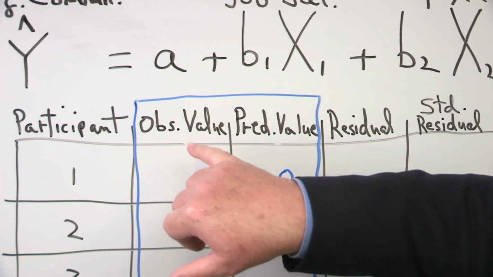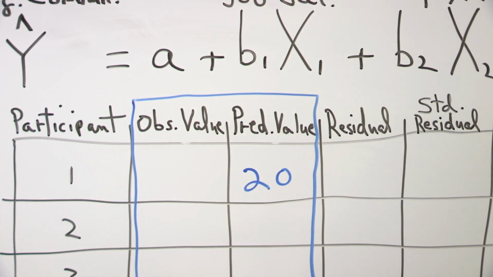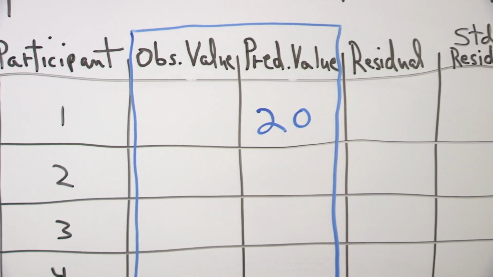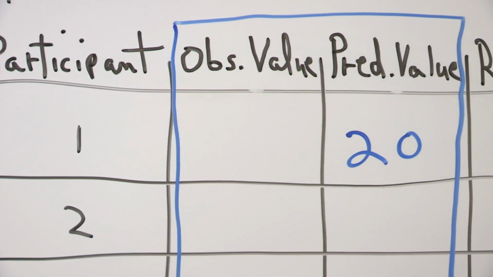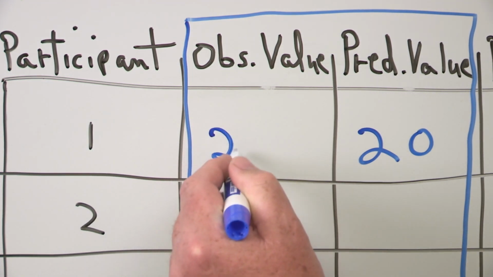And let's say that participant 1's actual observed value on the outcome variable measure for organizational commitment, what we, as the researcher, actually scored from their measure when they handed it in, was 25.